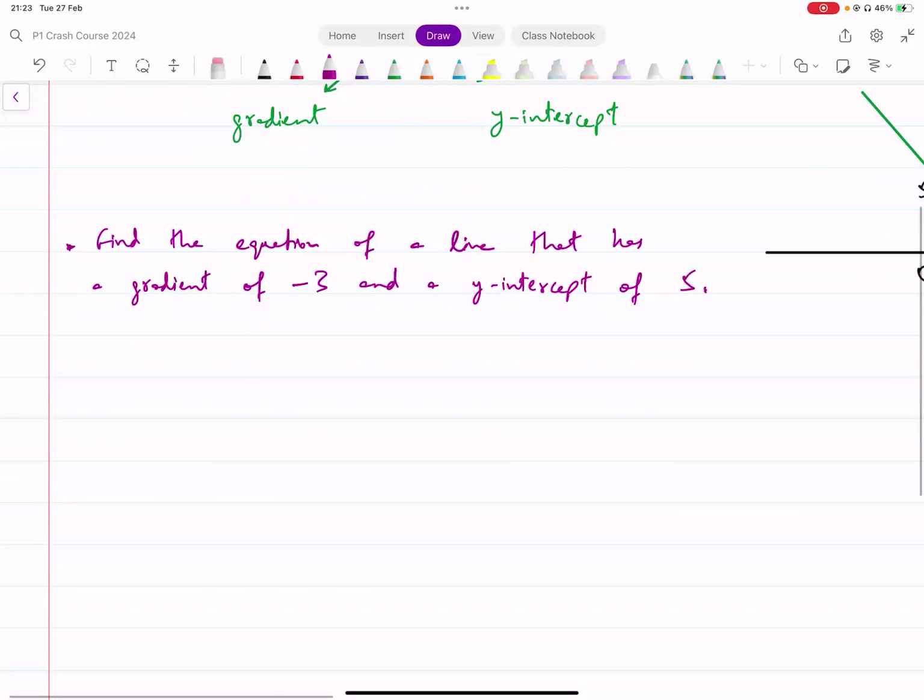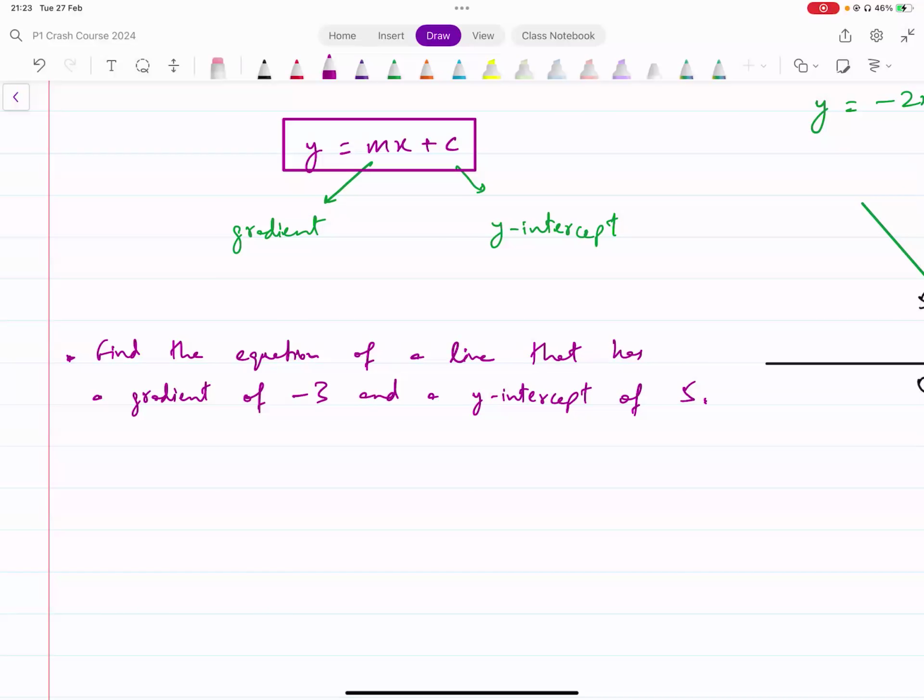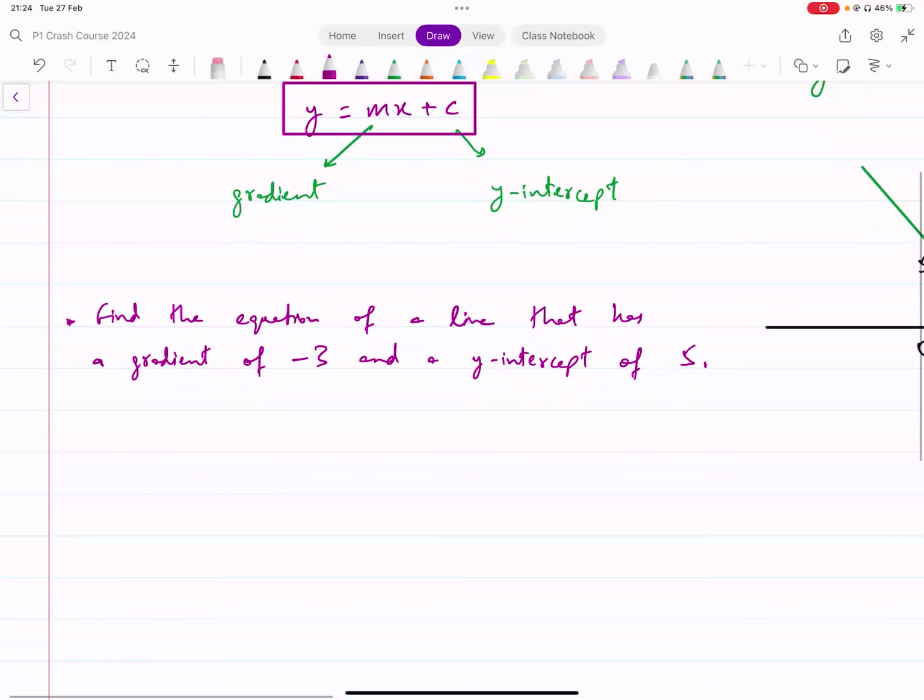Okay, so we're given this information. Find the equation of a line that has a gradient of -3 and a y-intercept of 5.